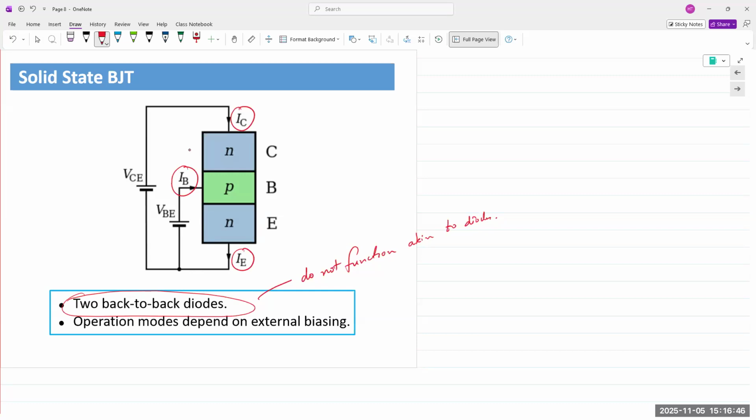And as you can see, the direction of the currents, base and collector flowing in, emitter coming out. Okay. And then we have the voltages, VBE, VCE, and slightly less VBC, which is not something that we are really interested in. But terminal voltages VB, VC, and VE. The biasing voltages VBE and VCE.